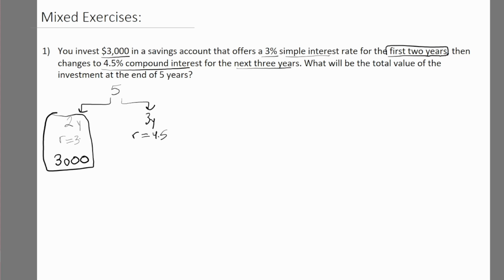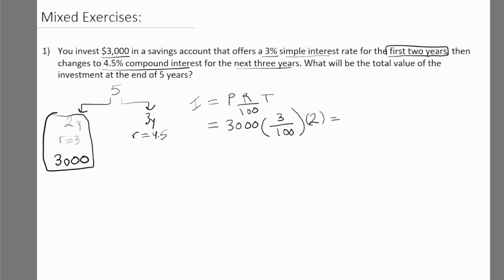So we're dealing with simple interest, 2 years, and the rate is 3%, and the amount is 3,000. So we're going to go ahead and write the simple interest. We're going to firstly find the interest, which is equal to P multiplied by R over 100 multiplied by T. And P is the principal amount multiplied by R, which is 3 over 100 multiplied by the time, which is 2 years.